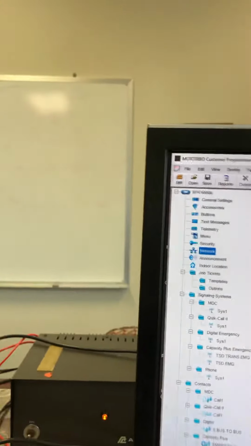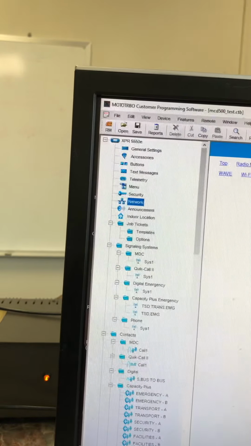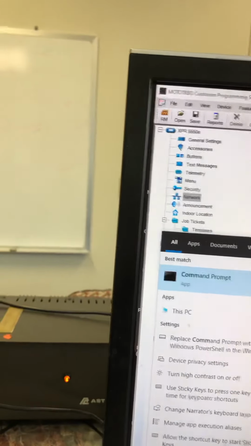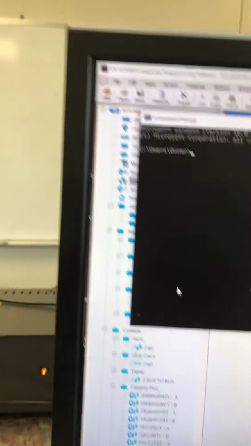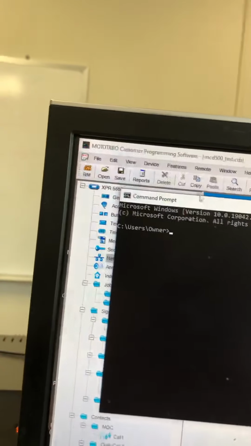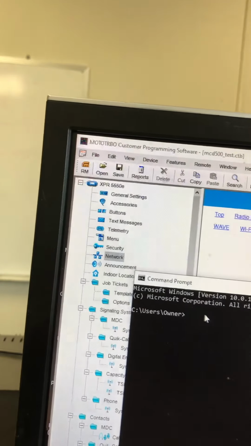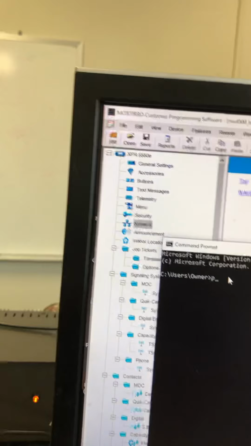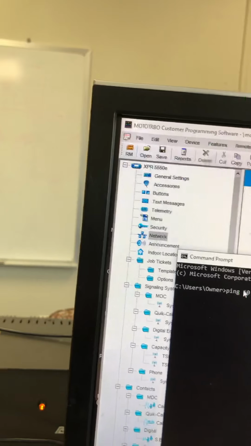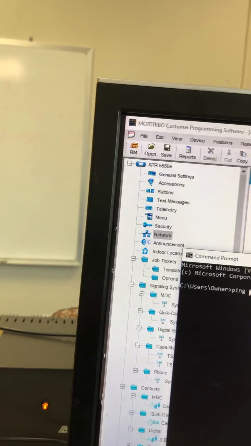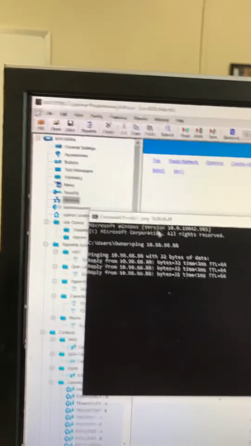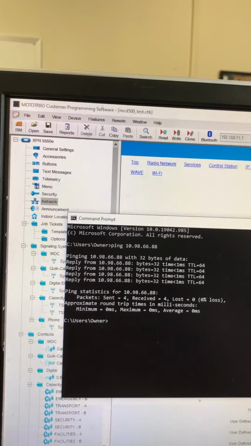Now I have the PC in here, so if I go to the command line prompt and ping these addresses, 10.98.66.88, I'm getting a reply, so I know it's there.